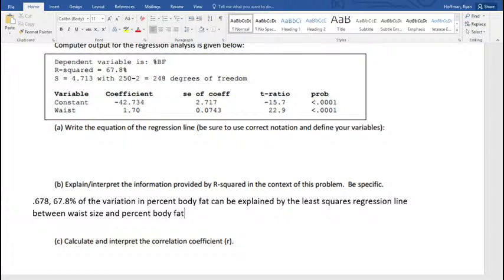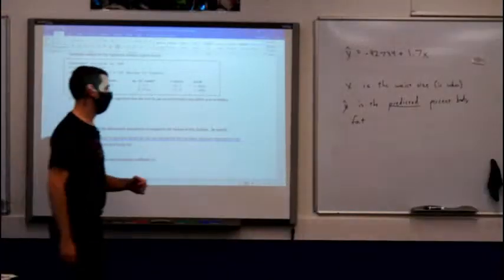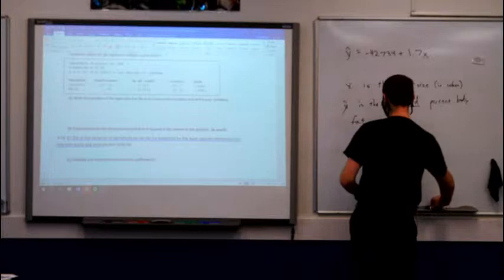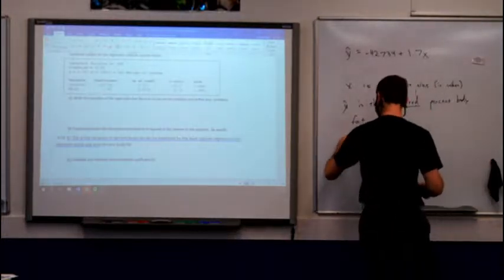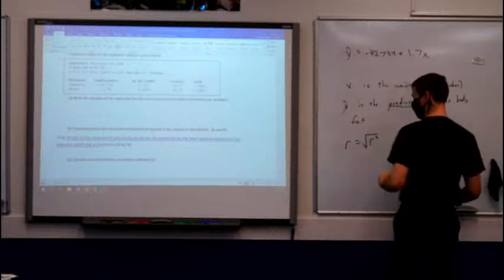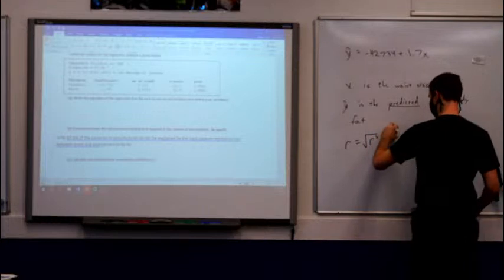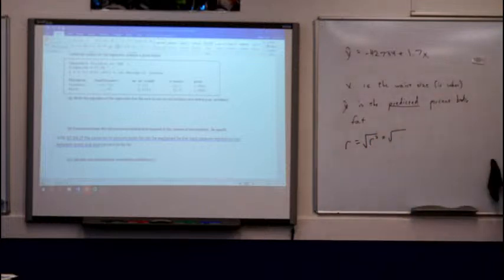Well, if R squared is 0.678, well, R is going to equal the square root of R squared. So calculator time. I'll need this answer.